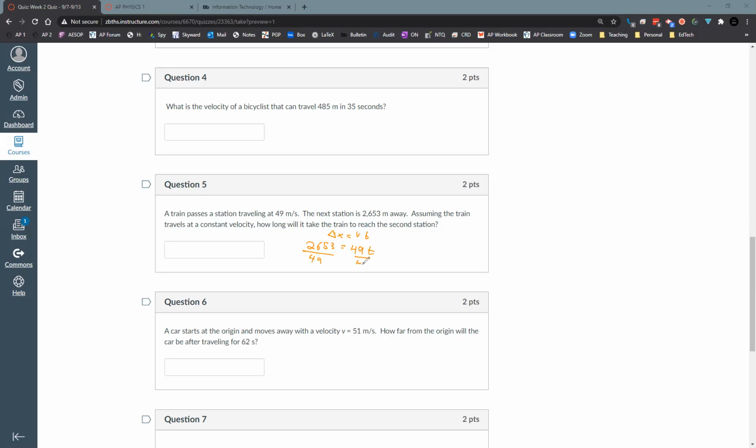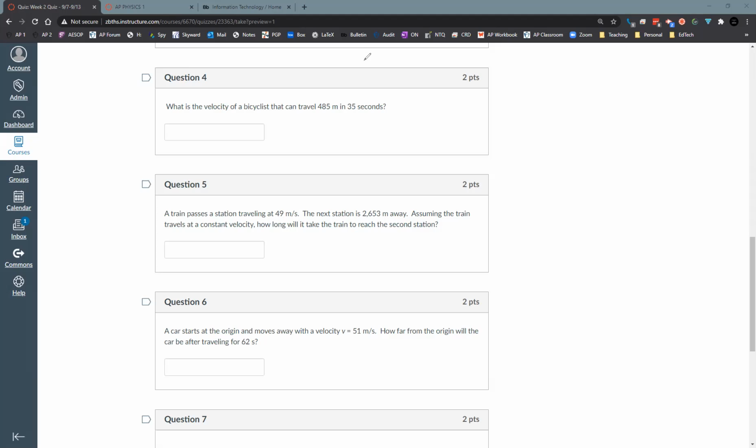So we're going to divide the 49 over. For my numbers, and once again, your numbers may vary, so just do the same process with your numbers to double check your answer, I got 54.14 seconds. Seconds would be your units there.